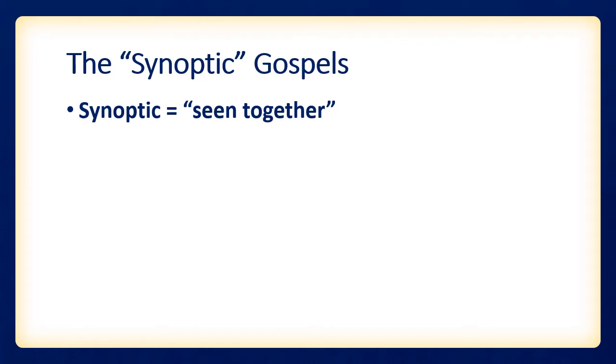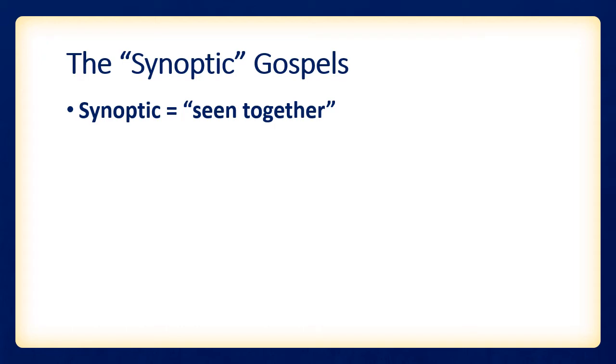Now, this term synoptic is a Greek term come into English that literally means seen together. So the idea is you could take these first three Gospels and put them in parallel columns, and you would see a lot of overlap in material.